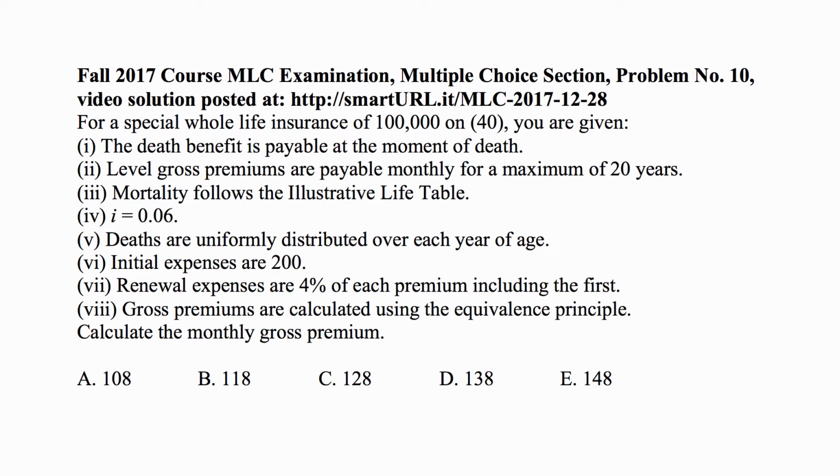Interest rate is 6%. Deaths are uniformly distributed over each year of age. Initial expenses are $200. Renewal expenses are 4% of each premium, including the first. So not really renewal, but every year expenses are 4% of premium. Gross premiums are calculated using the equivalence principle. Calculate the monthly gross premium.